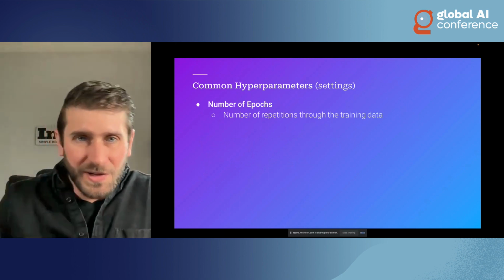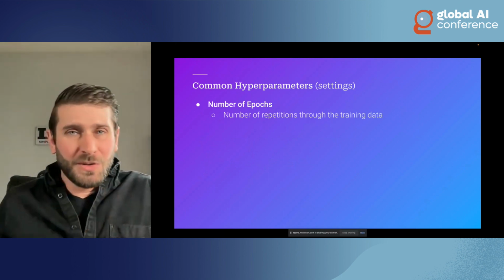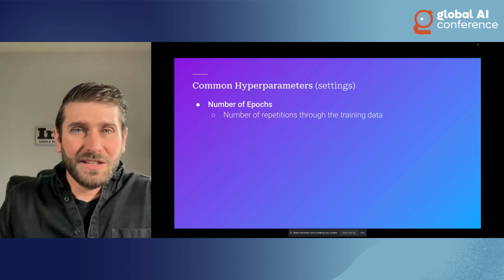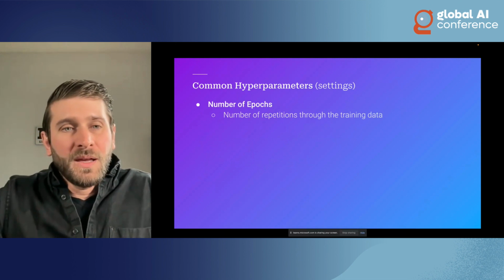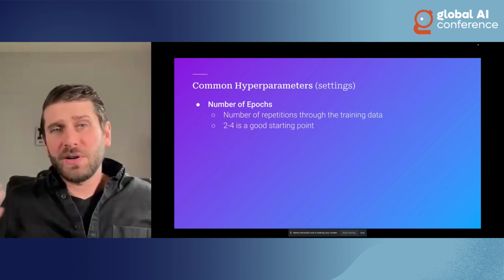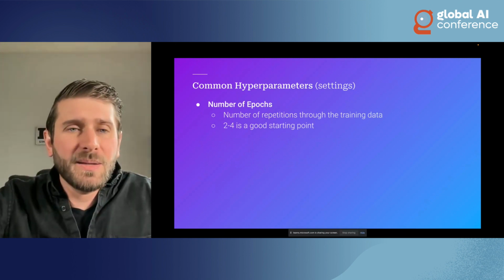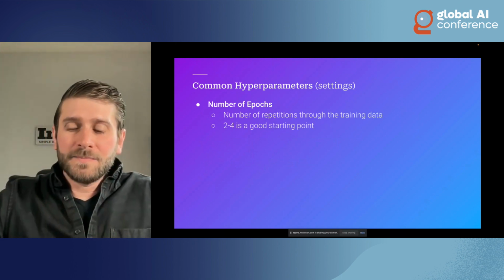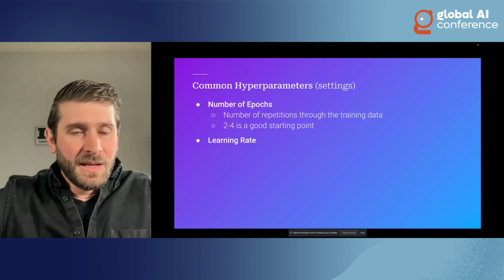Just like if you were studying for a test, right? You read the chapter through once, and then you read it through the second time, and you actually have better context and you can learn better from it. So for number of epochs, I would say 2 to 4 is a really good starting point. I typically lean toward the high end, because you can always pare it back, and I'll explain why.